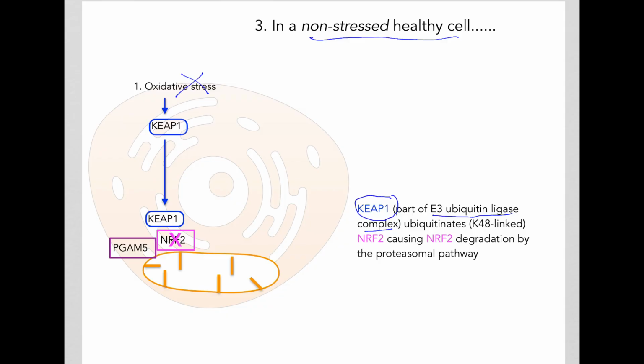So what this protein does, it will ubiquitinate NRF2 via K48 linkages. And remember, K48-linked ubiquitin will cause the protein to undergo proteasomal degradation. So basically, in a non-stress cell, this NRF2 will be degraded and therefore present in very low concentration.